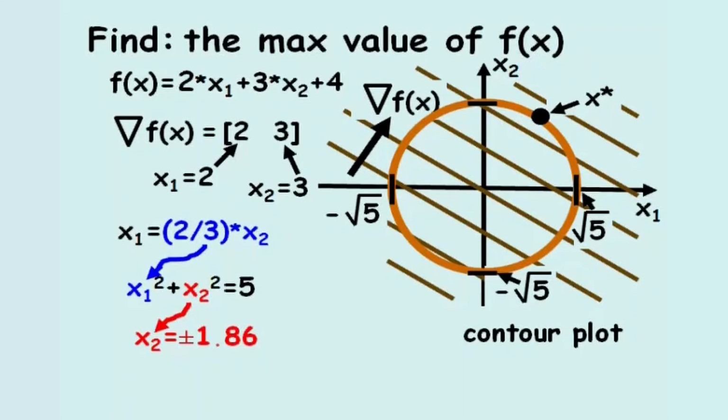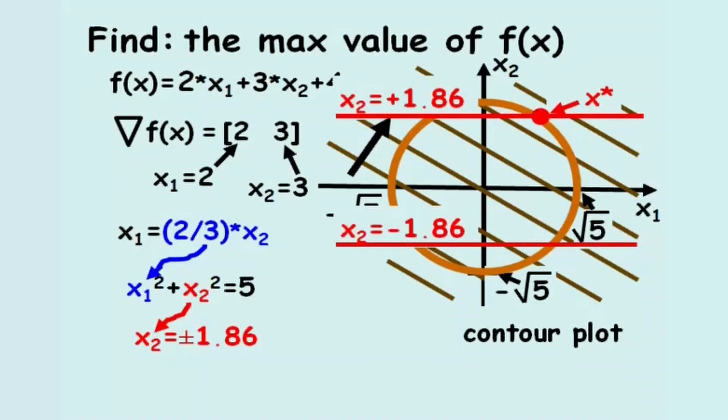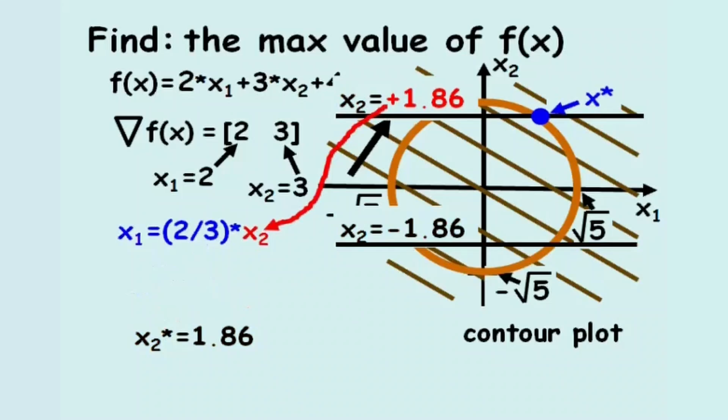From the contour plot, we know x2 is positive for the optimal value x star. Therefore, we'll plug in positive 1.86 for x2, which makes our value of x1 equal to 1.24 at the optimal point x star.